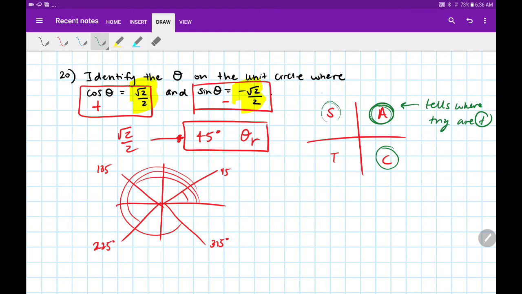Only sine is positive in quadrant 2. Only tangent in quadrant 3, and so on. So if I need to know where cosine is positive, I can basically narrow this down to quadrants 1 and 4. And then I need to know where sine is negative. Well, it can't be in quadrant 1 because all of them are positive in quadrant 1. I need to know where sine's negative. So that tells me we're going to be in quadrant 4.